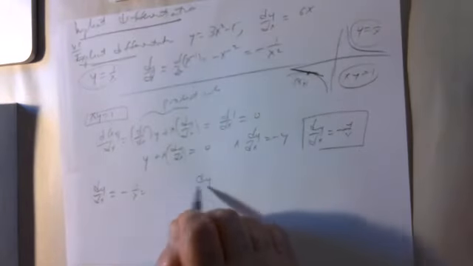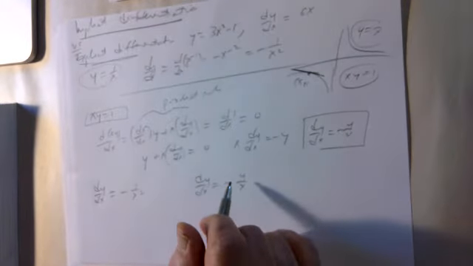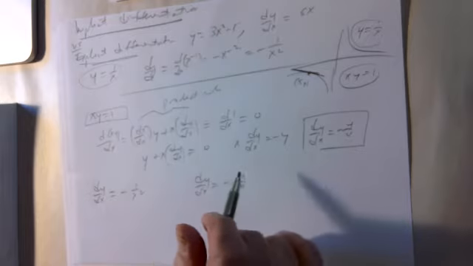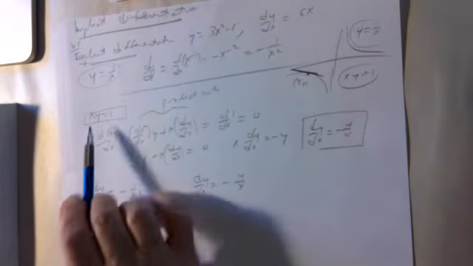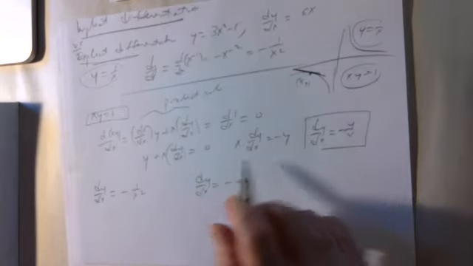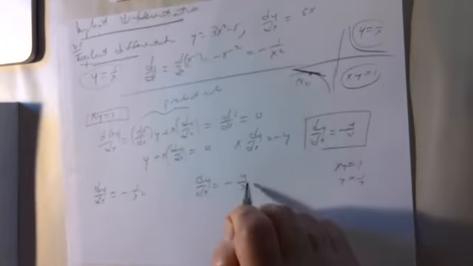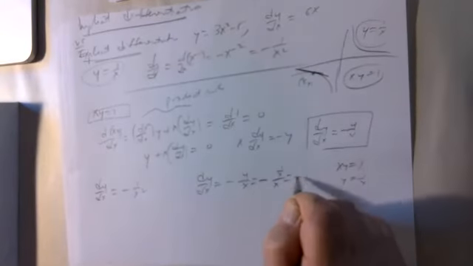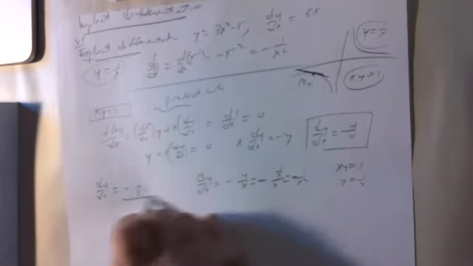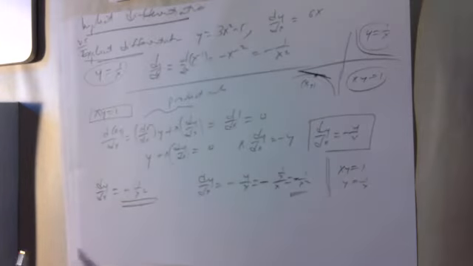And here I got dy dx equals minus y over x. Of course, in fact, they are the same, because if xy equals 1, y does equal 1 over x. So this is minus 1 over x squared. So they give exactly the same answer to any problem.